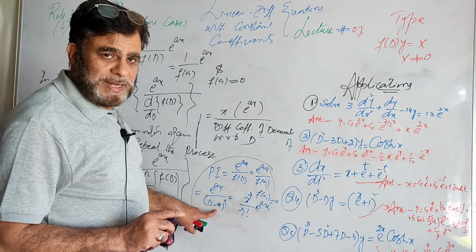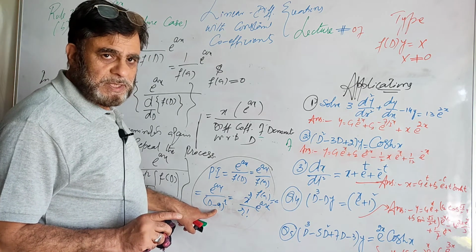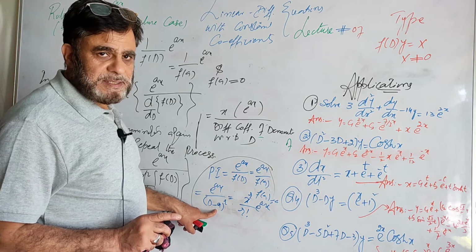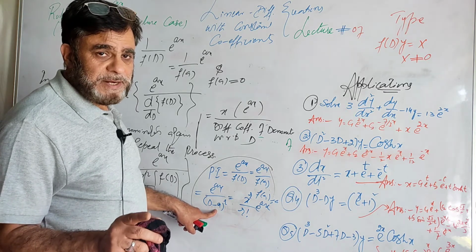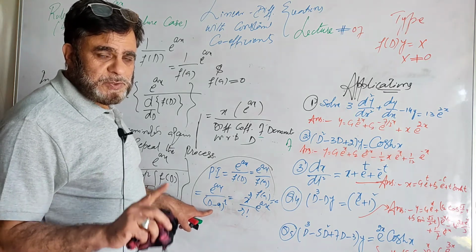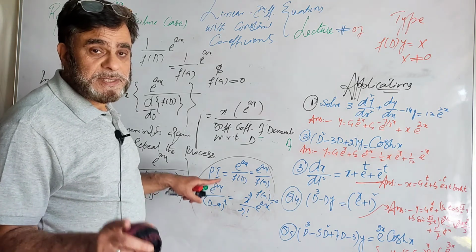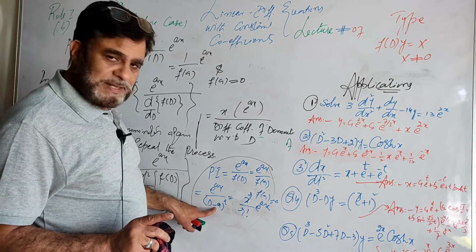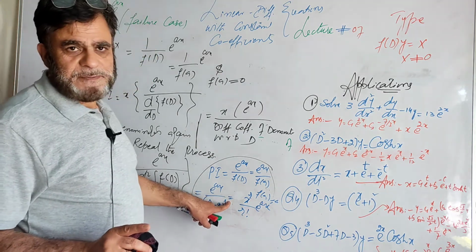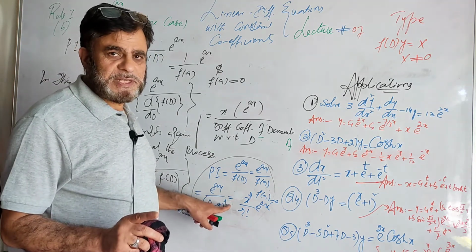If it becomes 0 at D equal to 2, that means the auxiliary equation has one factor D minus 2. If it is 0 at D equal to minus 2, then the auxiliary equation has one factor D plus 2. We write that factor. The power means if it is repeated, 2 times or 3 times.